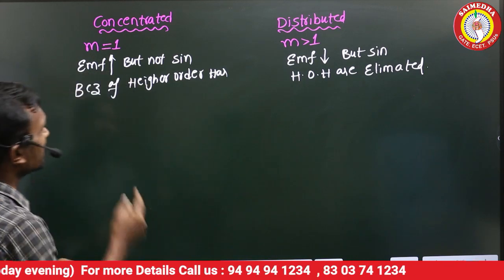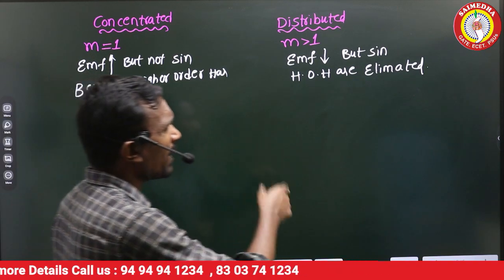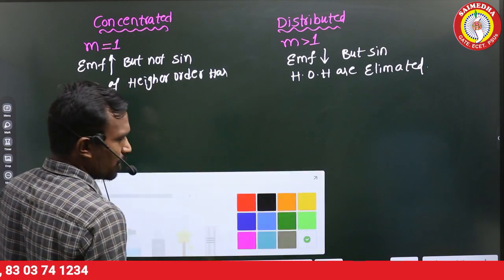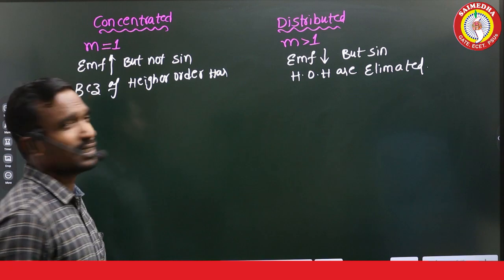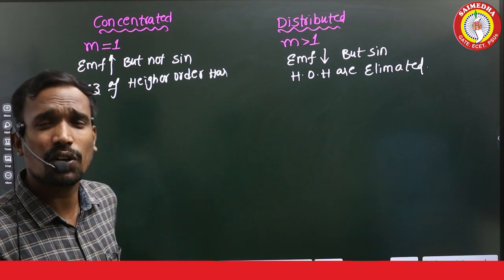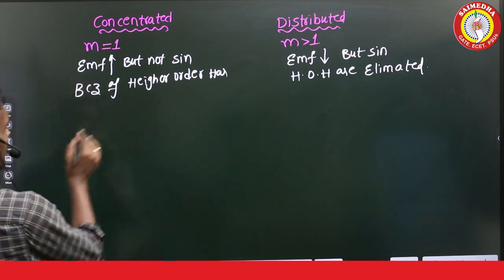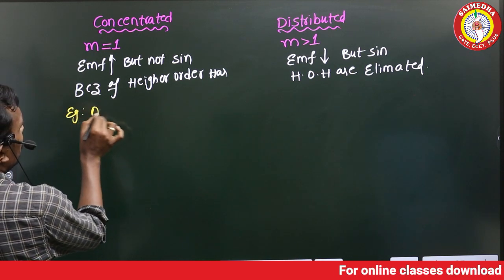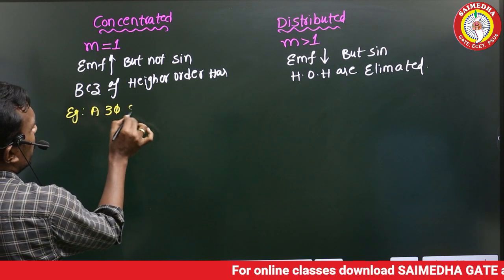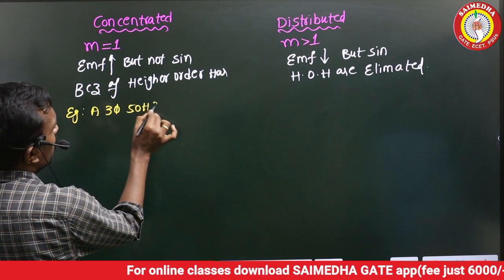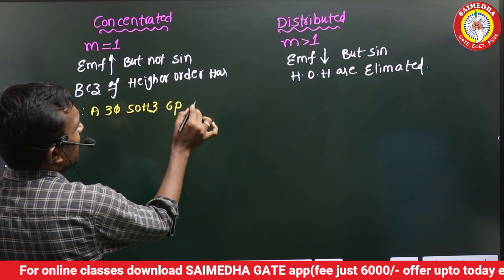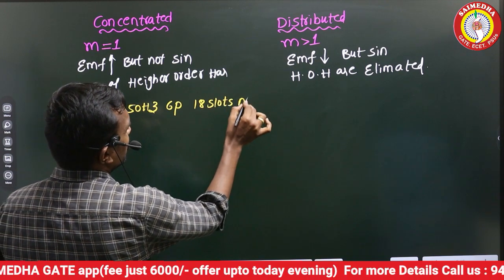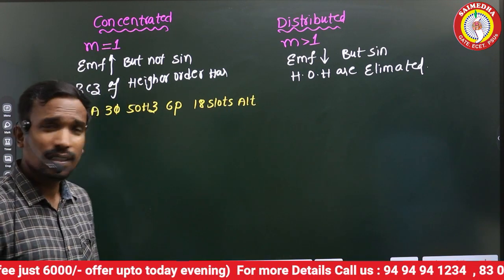Sir, why is it called concentrated winding? Why is it called distributed winding? Let's see. You can easily identify why this is called concentrated and why this is called distributed. For example, I am taking one example here: a 3-phase 50 Hz 6-pole 18-slot alternator.